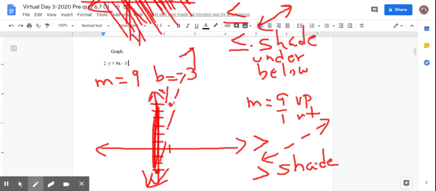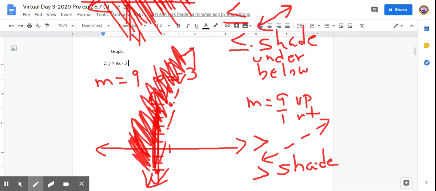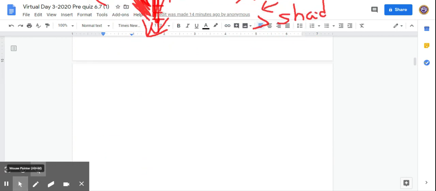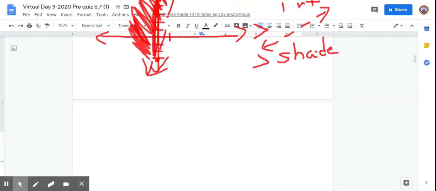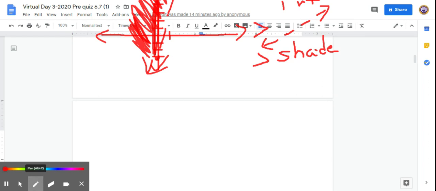All these numbers are getting bigger. So that tells you where you're going to shade. You're going to shade above the line. So then just make a little bit of shading above the line. Okay? So we're going to shade above.